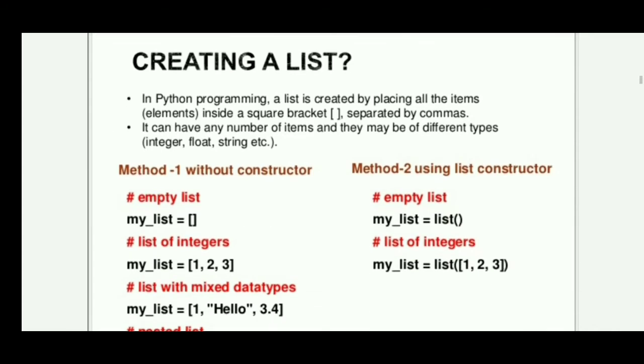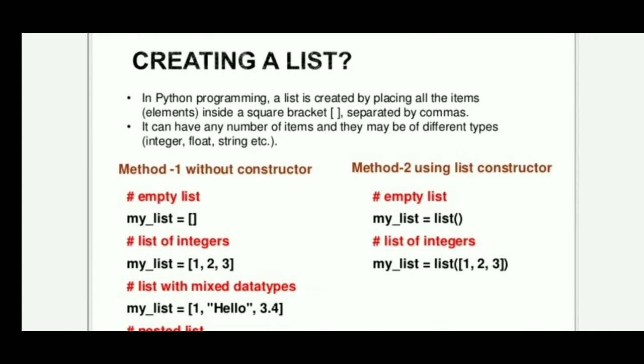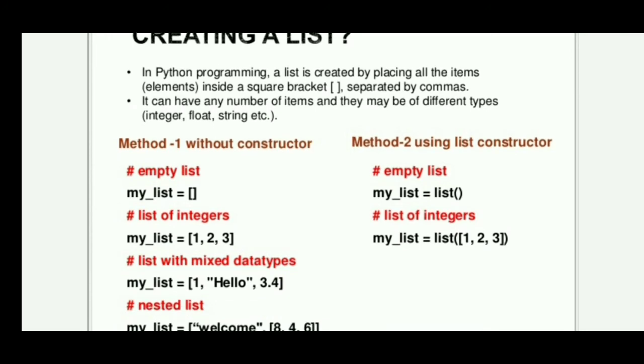Next is about creating a list, how a list is created in Python. In Python programming, a list is created by placing all the items or elements inside square brackets separated by commas. It can have any number of items, and they can be of different types such as integer, float, or string.